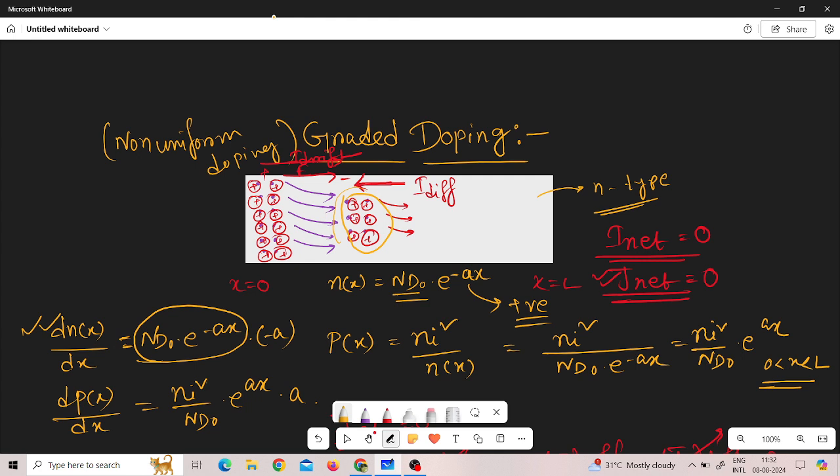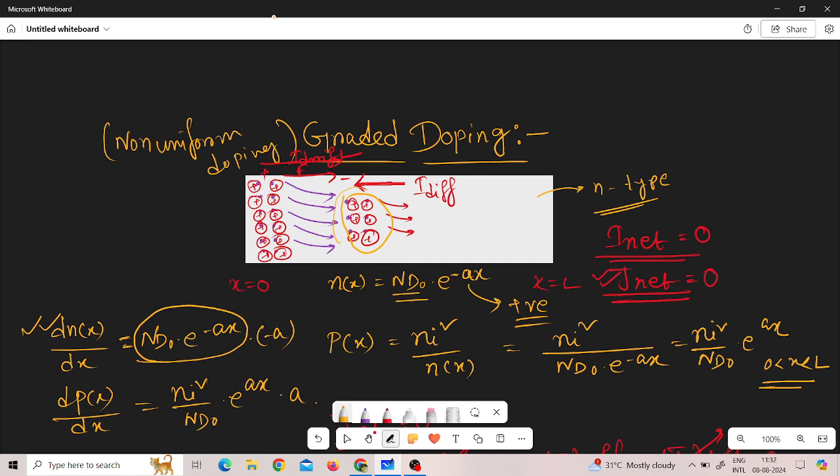As the electrons move from here, they leave behind positive ions which create an electric field which we call a built-in electric field. The built-in electric field causes the current to flow in the positive x direction. At equilibrium, drift and diffusion currents cancel each other and the total current density becomes zero.